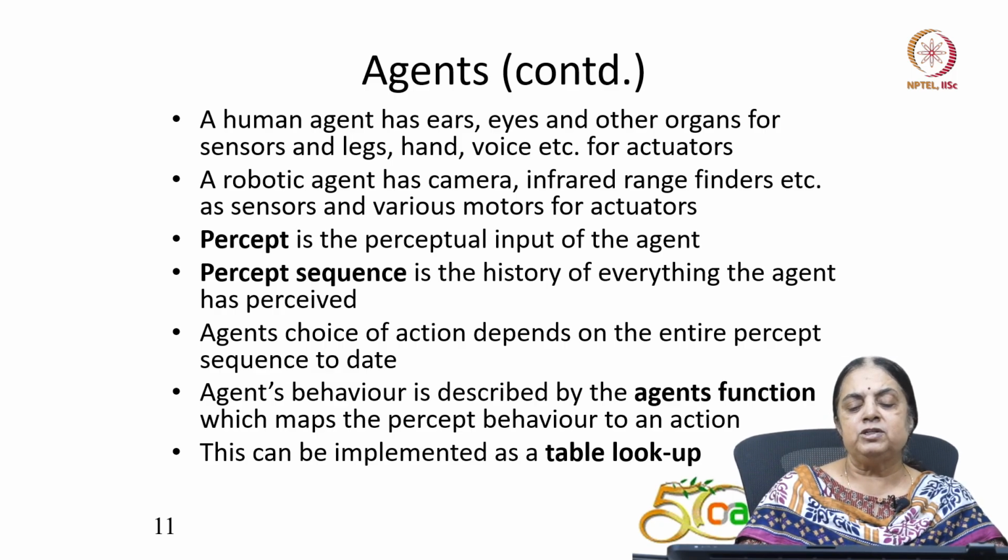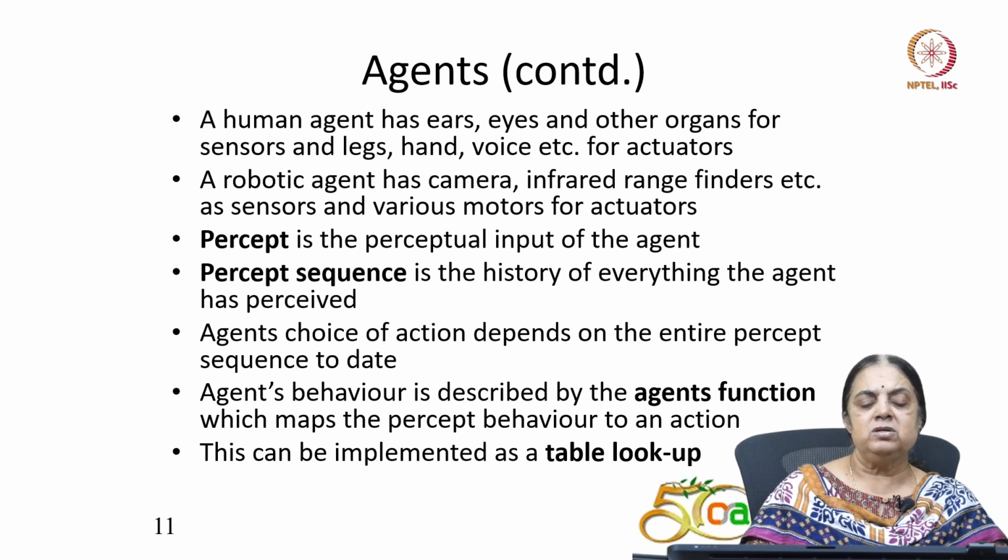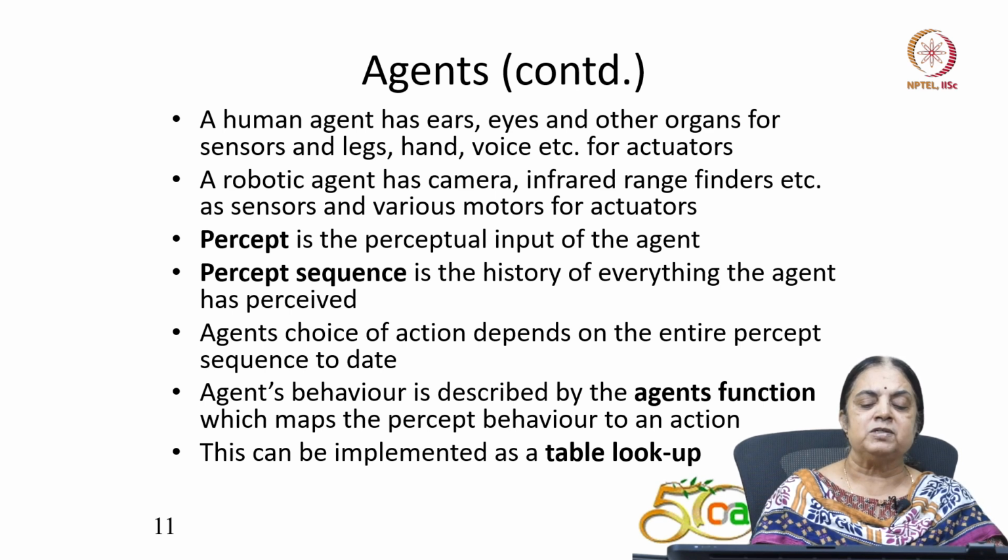The input which is coming into the agent from the environment is known as the percept. So percept is the perceptual input which comes into the agent. And if you take all the percepts which come into the agent, right from before, you have a sequence of percepts. So a percept sequence is the history of everything that the agent has perceived till this point in time.